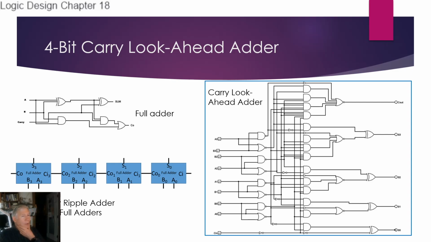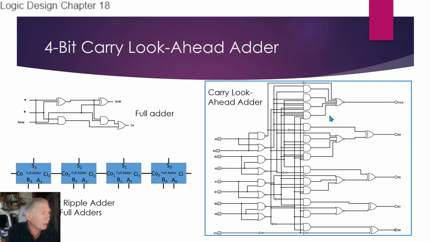Well, there's a carry look-ahead adder, and there are carry propagate adders. They work very similarly. This is a 4-bit carry look-ahead adder. Here we have sum 0, sum 1, sum 2, sum 3, and the carry out of the 4 bits.